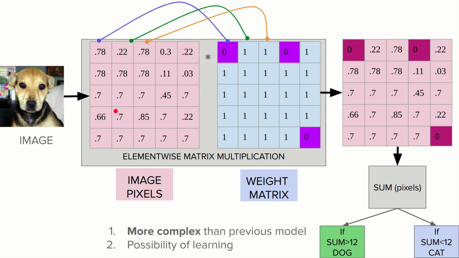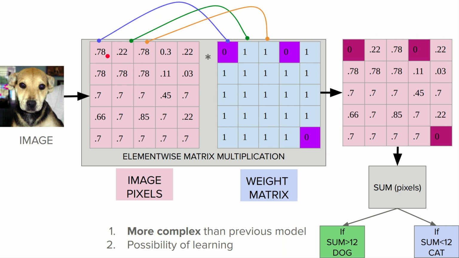And then we have the image pixels. The first operation that we'll be doing here is to take the element-wise matrix multiplication of our image pixels with this weight matrix. On doing the element-wise multiplication, we'll get this new matrix, which is the output matrix.